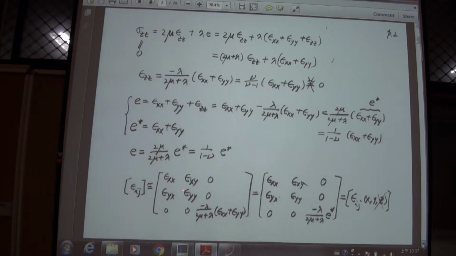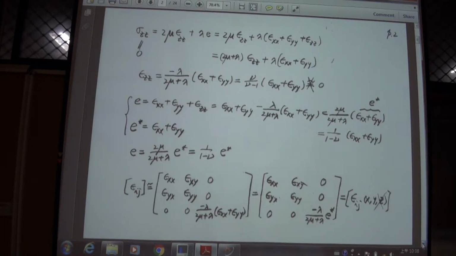Okay, let us summarize our result here. The strain matrix, which is 3 by 3, has four zero components here, these 2 and these 2. But the normal strain in the z direction, epsilon zz, is not equal 0.